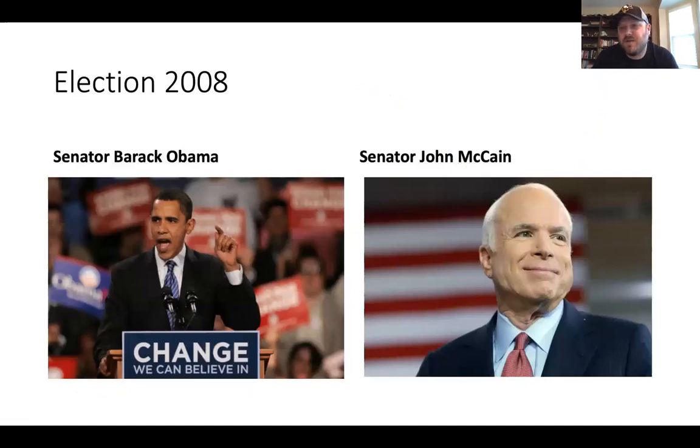So now it takes us to 2008. George W. Bush, 2 terms in office, can't run again. Now we have an open field for a little-known senator from Illinois named Barack Obama. Barack Obama and Hillary Clinton ran a very lengthy primary race in 2008. John McCain, senator from Arizona, becomes the Republican candidate.